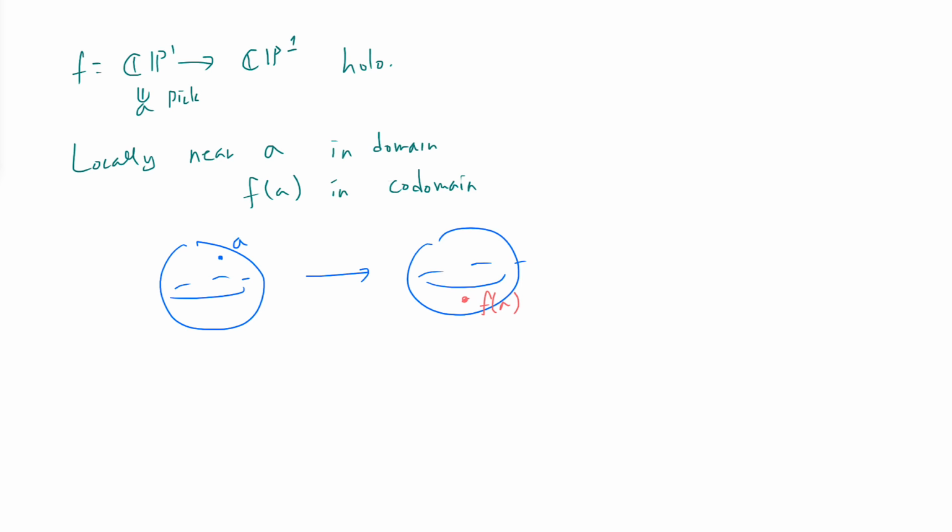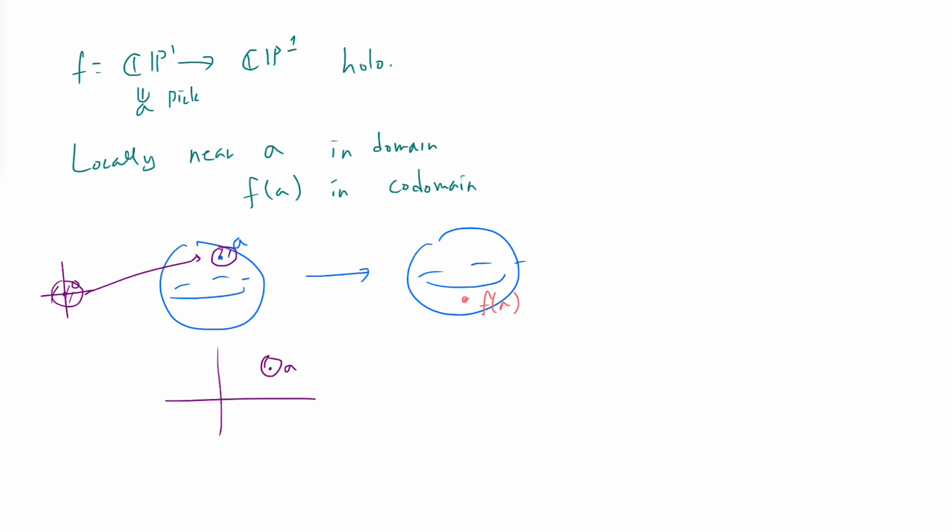Well, what you can do is make a local identification of a neighborhood near 0. So let's say this is 0 with a neighborhood here. If A is infinity, then you use 1 over Z. If A is not infinity, then you just subtract A. If A was actually on the complex plane, I'm just moving this open set to the origin.